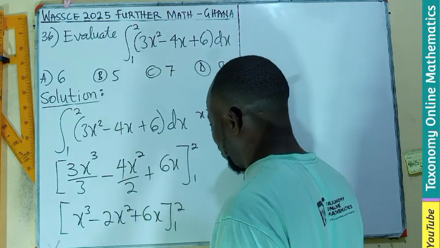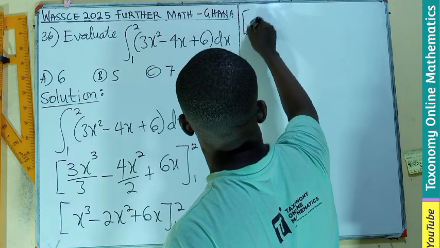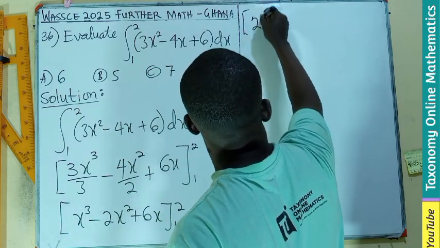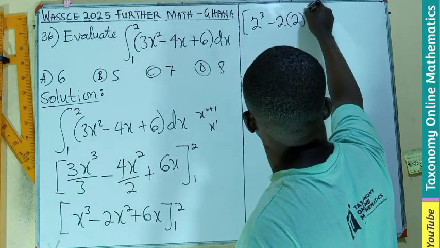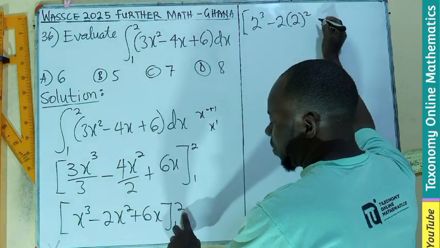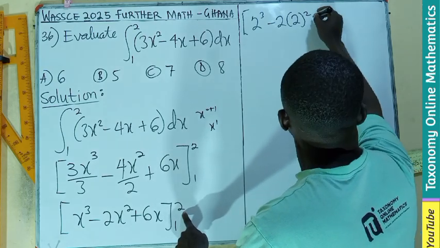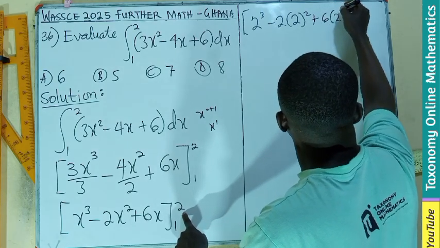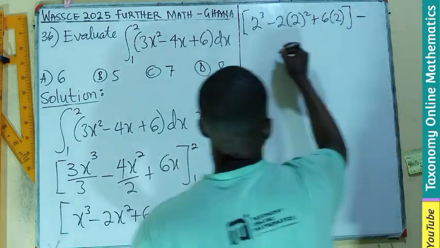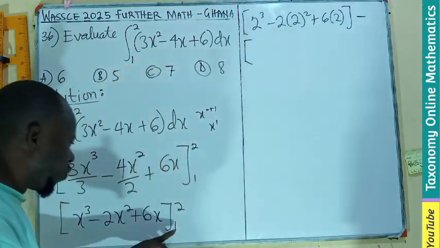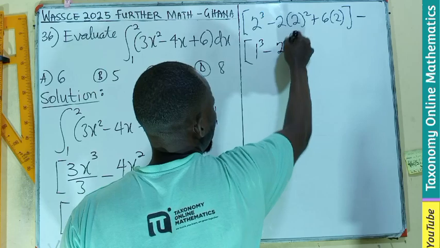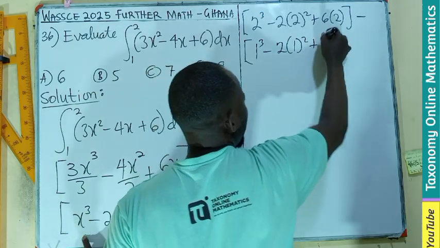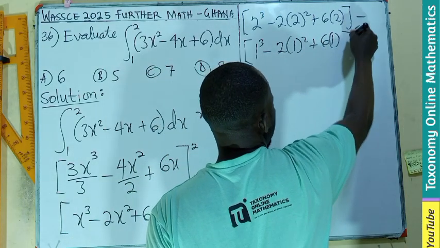That means upper limit of 2. So I should be having 2³ minus 2(2)², this 2 is coming from the limit here, plus 6(2), minus, replace the x with 1, the lower limit: 1³ minus 2(1)² plus 6 times 1.